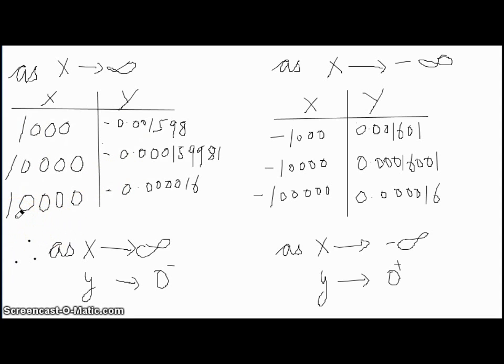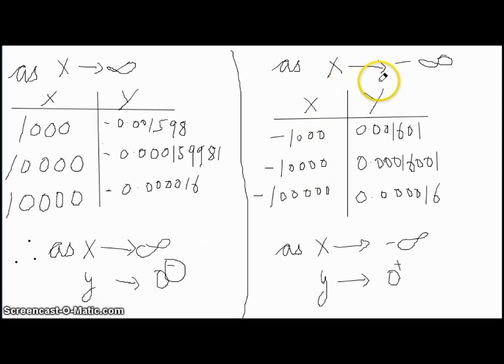For x equal to 100,000, y is equal to -0.00016. So as x approaches positive infinity, y approaches 0. The negative sign tells us it's coming from the negative y-axis and approaches 0.